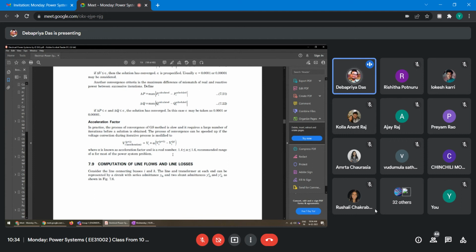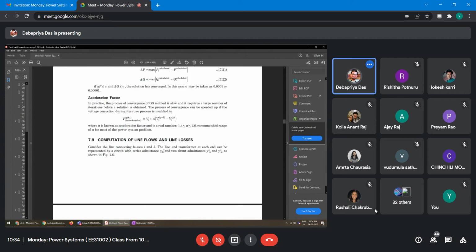So I know exactly what happens inside, right? Several things may not be there in the book. But if you write code on your own and check it, then you will find many unknown things. Perhaps you will discover them, right? So coding is something.